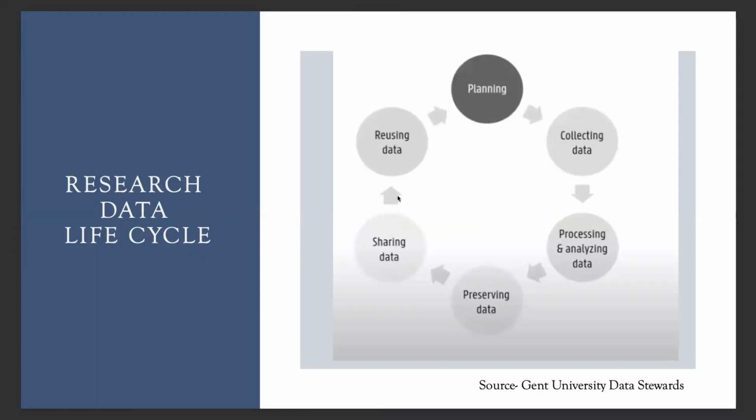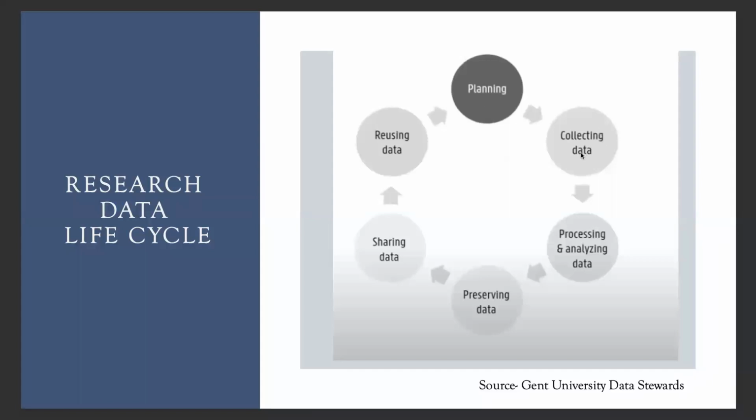So let's go through the research data cycle a little bit to understand why we are trying to organize our data. While doing research, we have to do a lot of planning. The planning comes in the very first stage, and we plan how to collect our data.